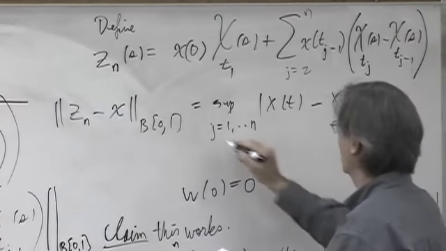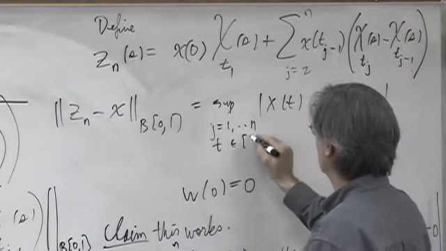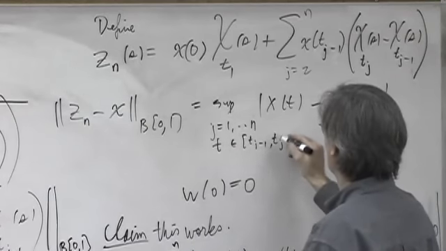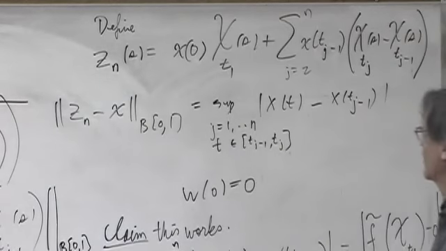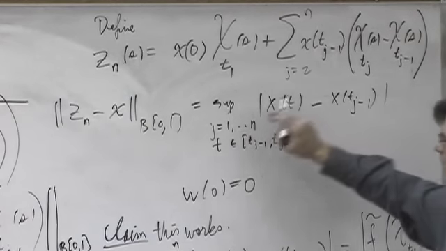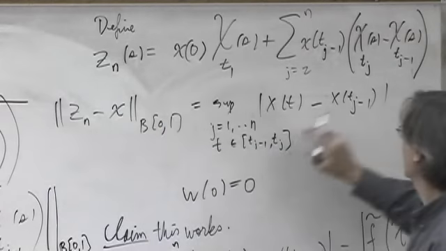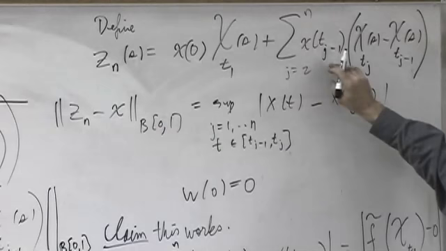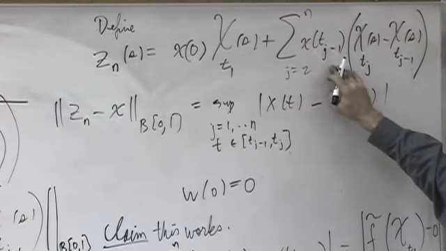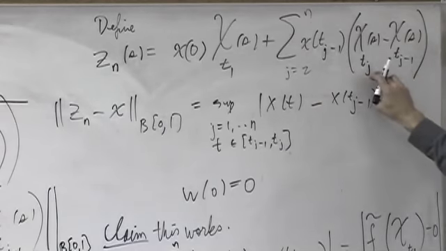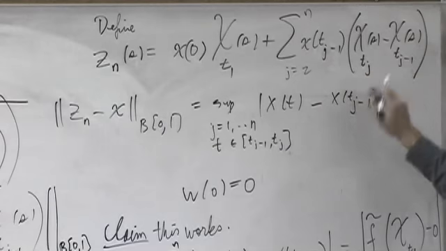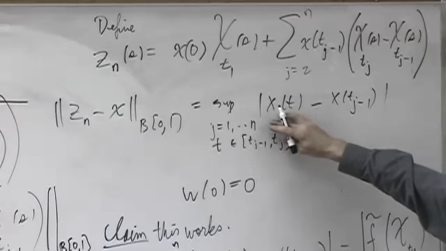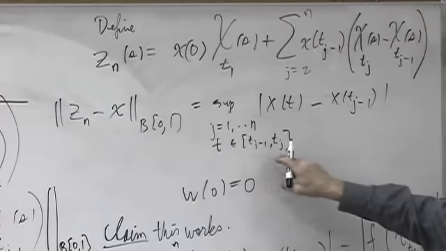This is t belongs to tj minus 1 to tj. This is actually what it comes down to. The t is free from the x, and the tj minus 1 from the zn, because this is what the height of this function is, x tj minus 1 on the whole interval tj minus 1 to tj. So it's just this height from the zn and this height from all the other t's, where t belongs to this interval.